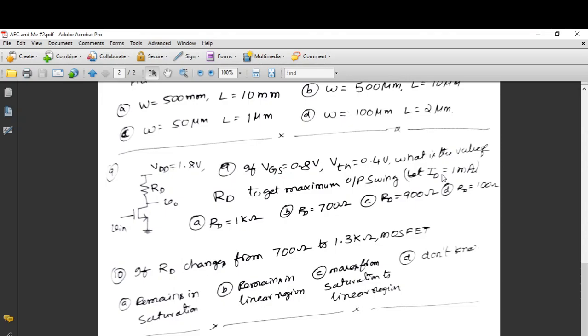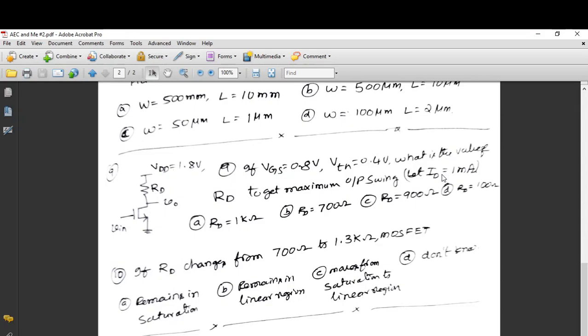So I have an input voltage. This is VDD, 1.8 volt. This is RD. This is where you get your V0, and what is given is VGS is equal to 0.8 volt and VTH is equal to 0.4 volt, and ID is assumed to be 1 milliampere.